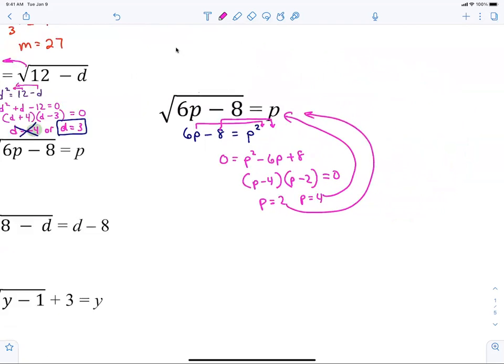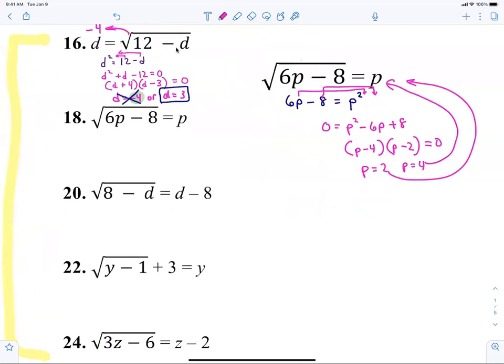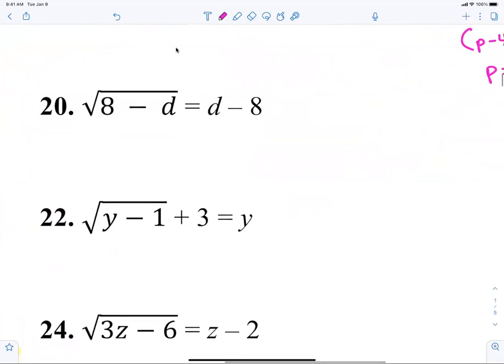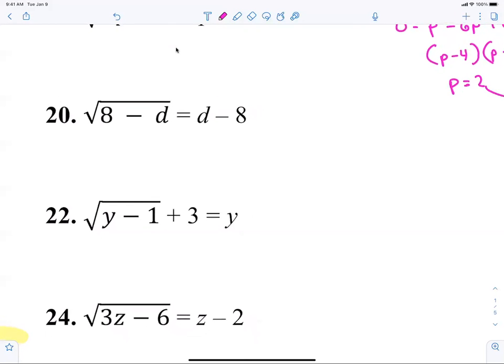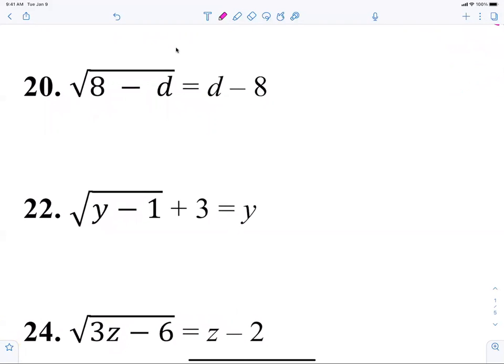All right, here we go. Okay, 20 is a little bit challenging. All right, squaring both sides.